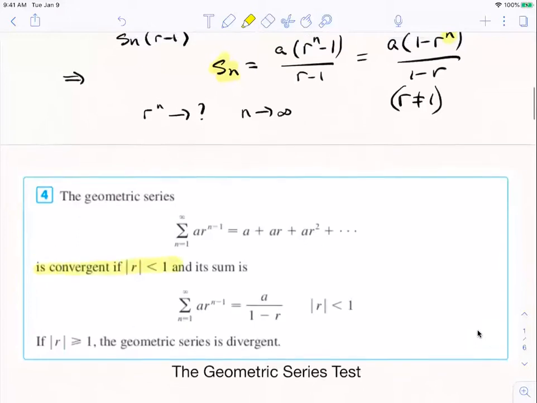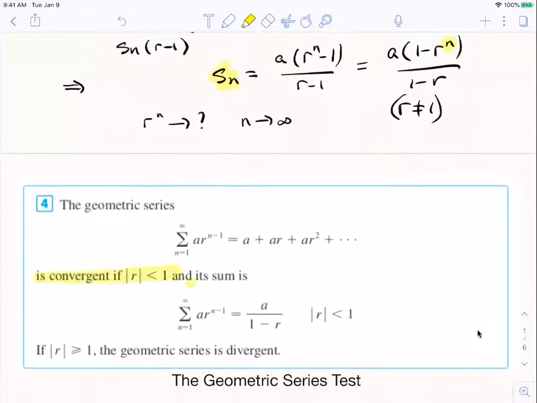And we even know what it converges to, because if r is less than 1 in absolute value, this r to the n up here is going to go to 0. So we end up getting a in the numerator and 1 minus r in the denominator. So we know its sum. It's the sum of a convergent geometric series. If r is greater than or equal to 1 in absolute value, the series diverges.